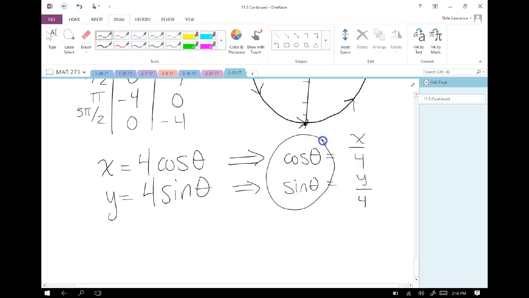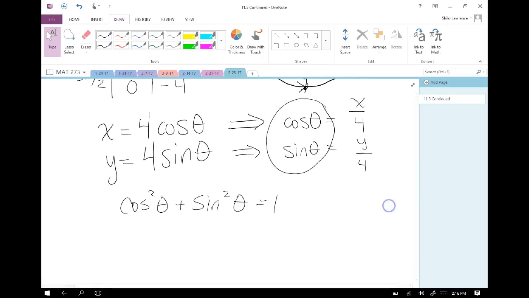There is a trig identity that tells me a way that I can combine sine and cosine. Is it cosine squared plus sine squared? Cosine squared plus sine squared equals 1, our Pythagorean identity. Cosine is equal to x over 4, so I can replace cosine with x over 4, giving x over 4 squared.